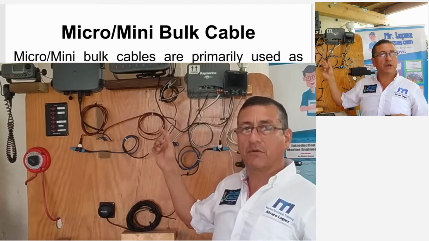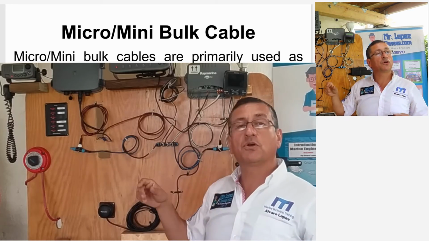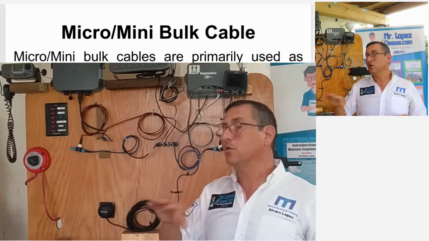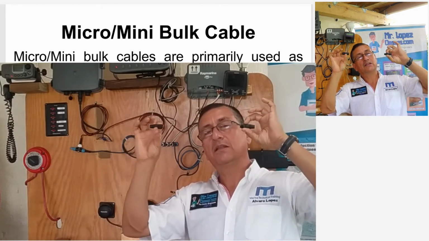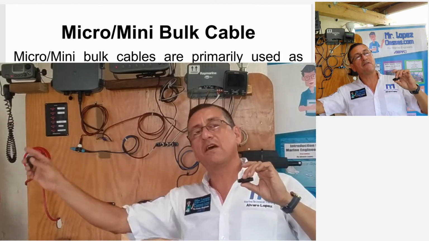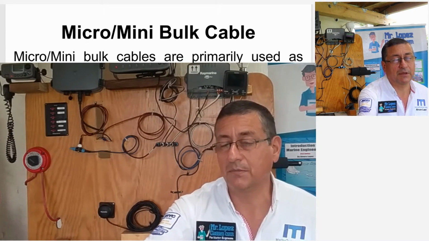The protocol of the radar is here, the protocol of the GPS is here, the protocol of the radio is here. All of the protocols are over there, and if you don't have properly installed terminal resistors, the information never returns. We are going to talk later about the terminal resistor and the function of the terminal resistor.